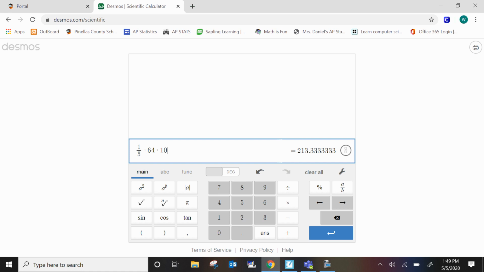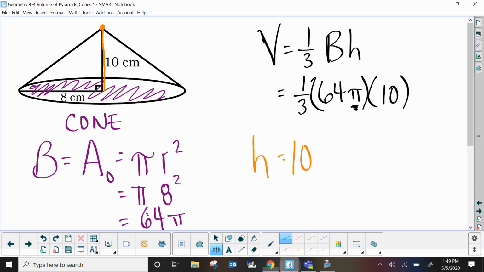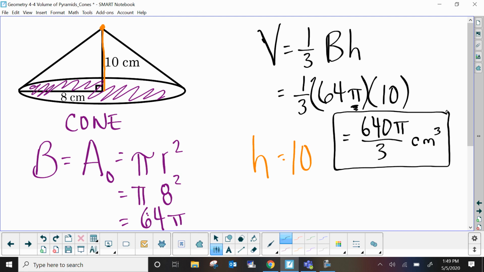I don't like decimals, so this part right next to it is a little circle with a fraction, so it tells me to put it in fraction form. And look at that. Fraction form is 640 over 3. So my volume is 640 pi over 3 units, which in this case was centimeters cubed. There's the volume of this cone.